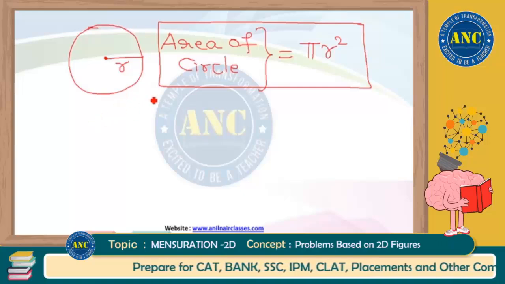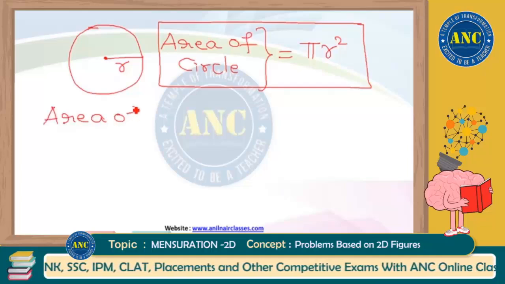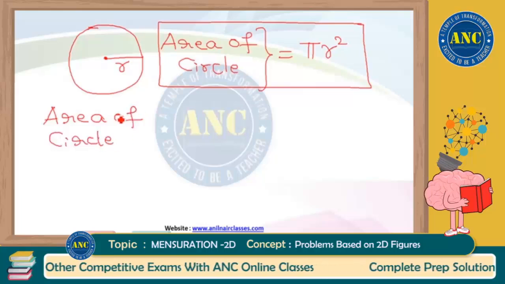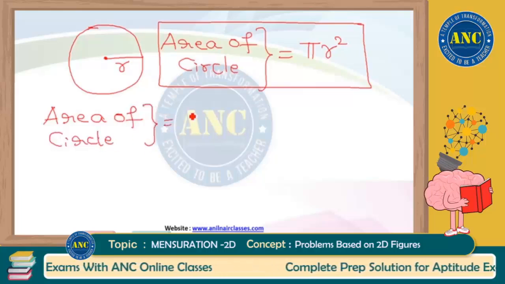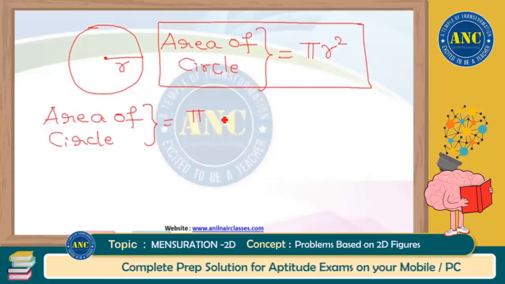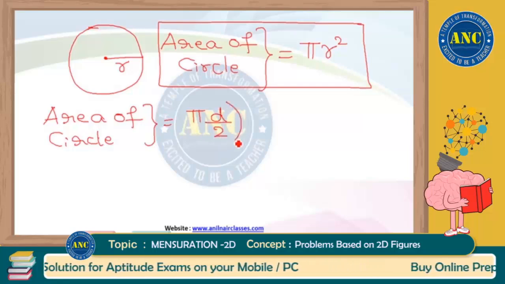Now suppose I want to know the area of the circle in terms of its diameter. R is nothing but d by 2, or d is nothing but 2r.